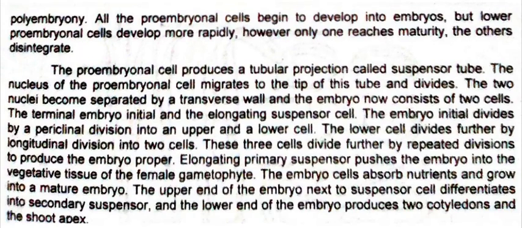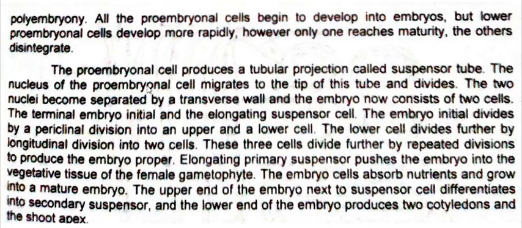Now we will discuss the development of the proembryo cells into proper embryo. The proembryonal cell produces a tube-like projection or outgrowth which is called the suspensor tube.